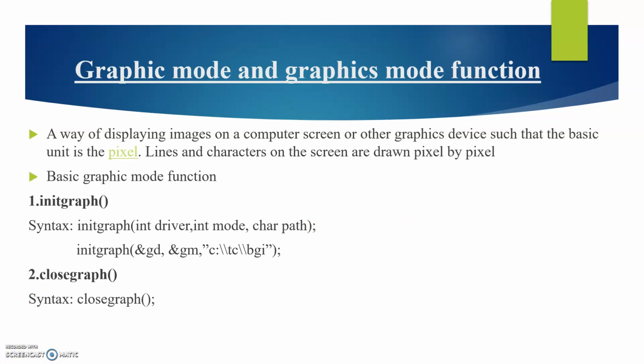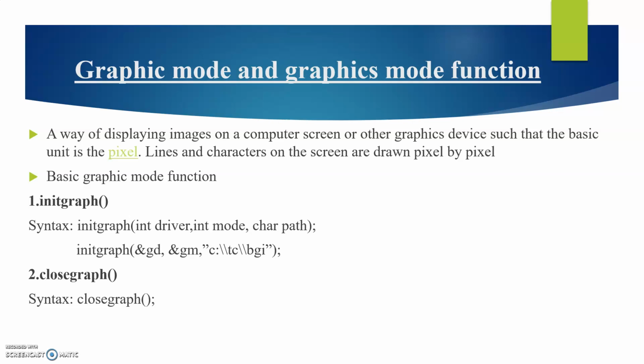In text mode, a display screen is divided into rows and columns or boxes. We have seen that there are basically two types of modes, namely text mode and graphics mode.